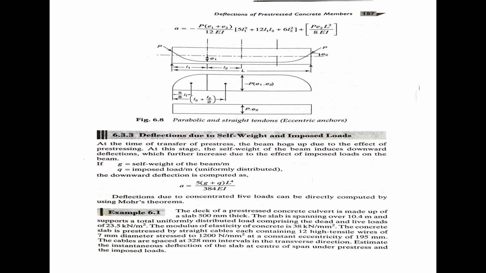The concrete slab is prestressed by straight cables, each containing 12 high tensile wires of 7 mm diameter, stressed to 1200 Newton per mm square at a constant eccentricity of 195 mm. The cables are spaced at 328 mm intervals in the transverse direction.